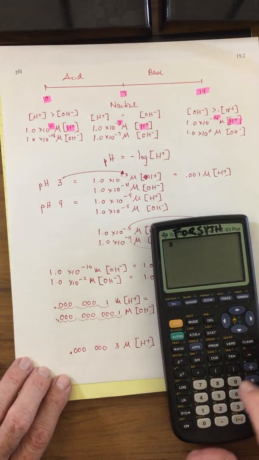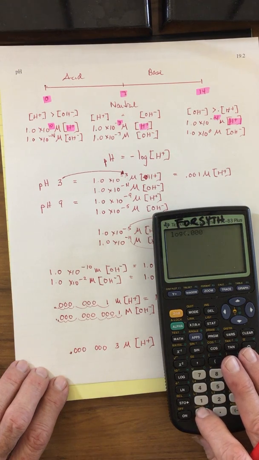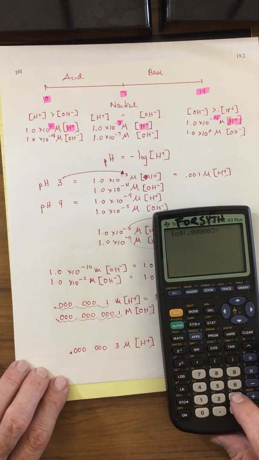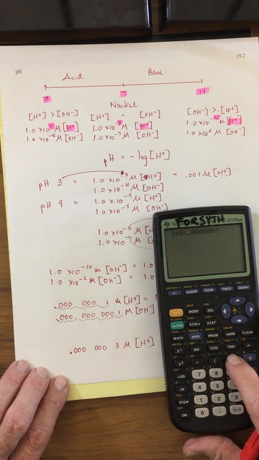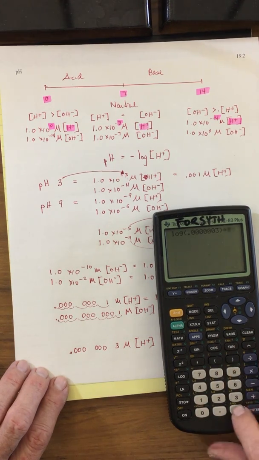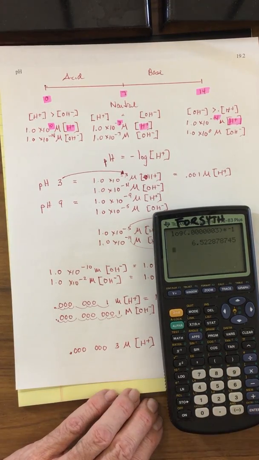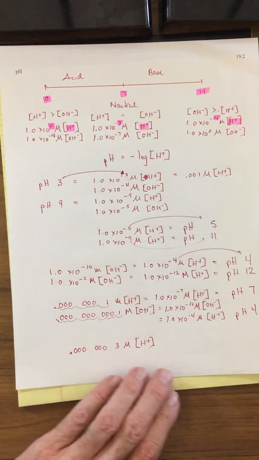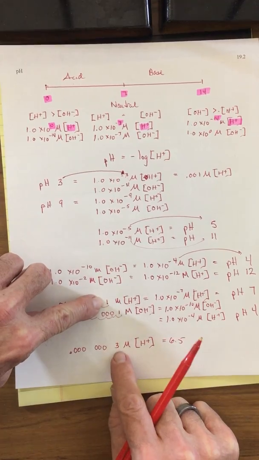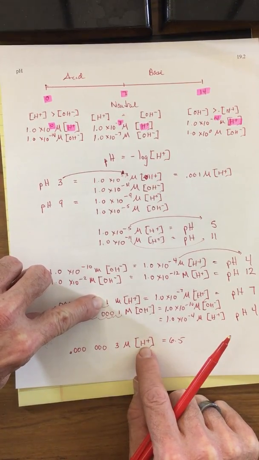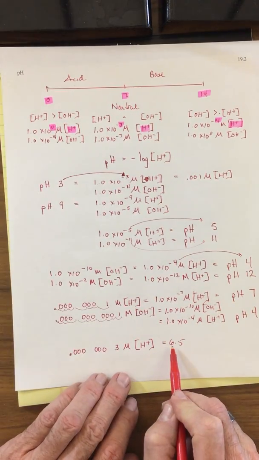All I have to do is take the log of 0.000003 and multiply by a -1, and it will tell me that it's going to be a pH of about 6.5. Comparing these two, this has more acid, more H plus, it's more acidic, so therefore it's going to be going down on the pH scale.